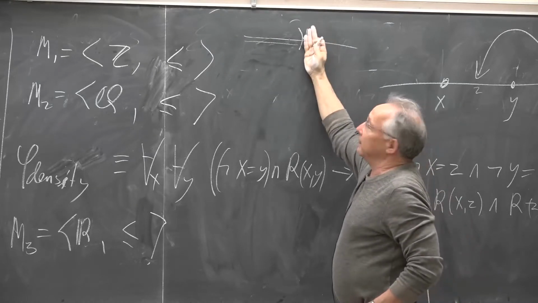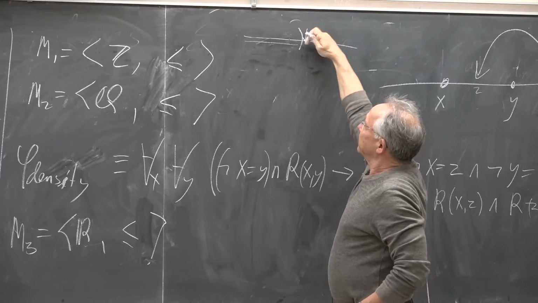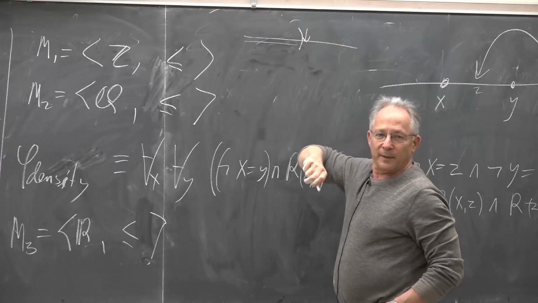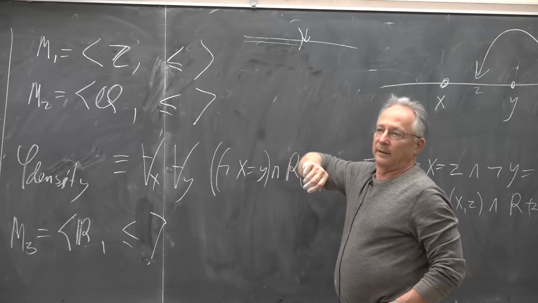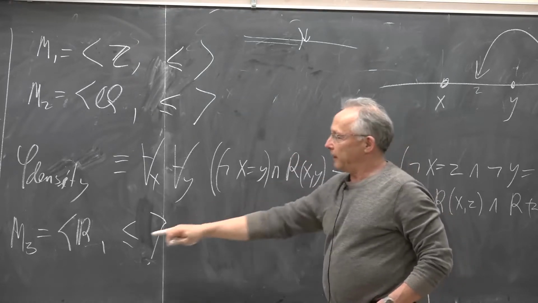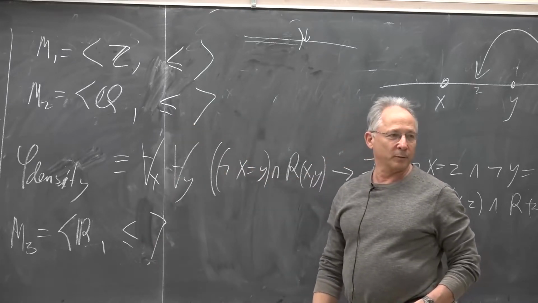It is called a Dedekind cut. It's a cut in the ordering, and the cut has a minimal element outside it or a maximal element inside. The real numbers have this property. The rational numbers don't have this property.